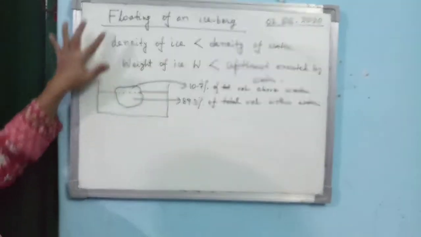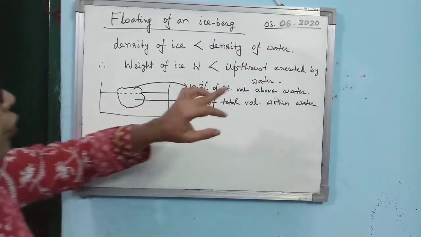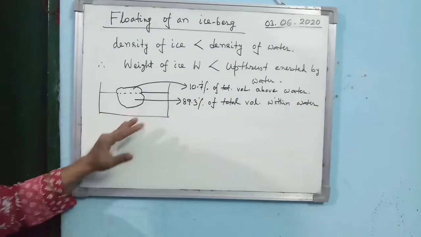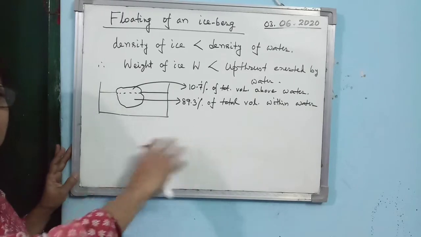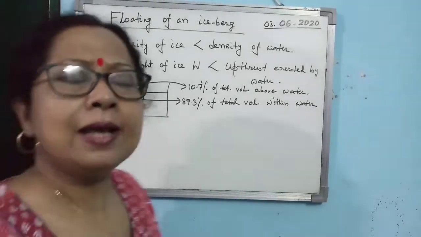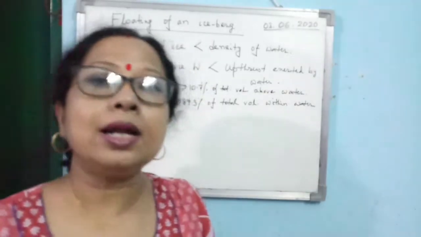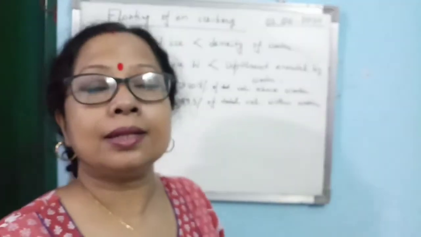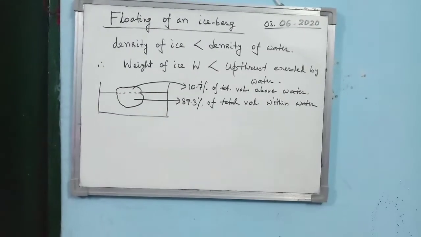Then you have to write the answer point wise: density of ice is less than density of water, therefore weight of ice is less than upthrust, and then you write this. If you can draw the diagram, well and good, otherwise you can write in sentences only: therefore an iceberg floats in water with a large portion within the water. That's why icebergs are dangerous for sailing ships.